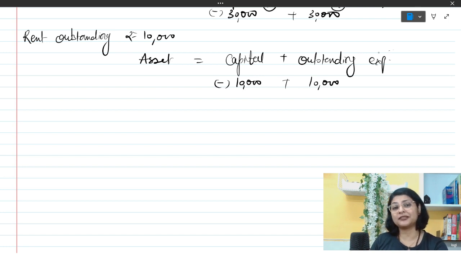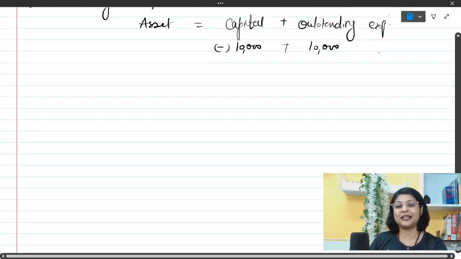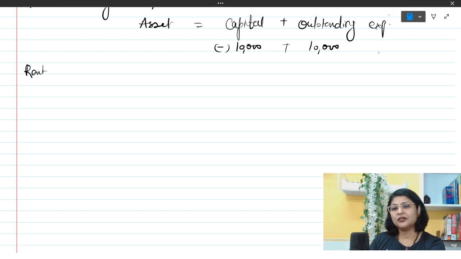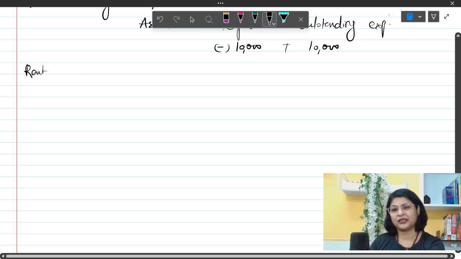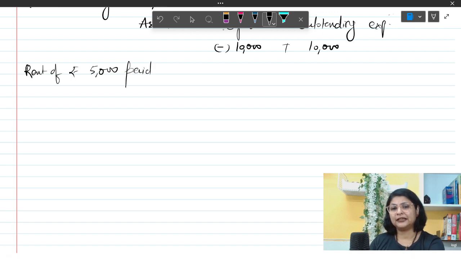This is also a possibility that sometimes you'll see a transaction like this. Let's take a blend of it. Let's say rent of rupees 5,000 paid and 5,000 is due.